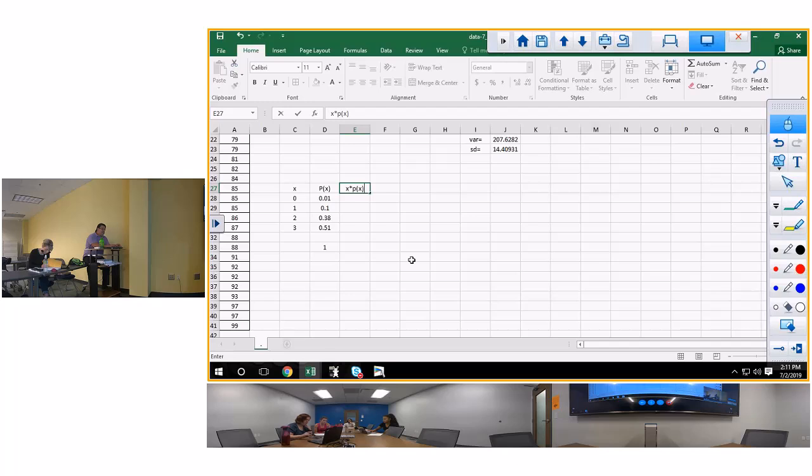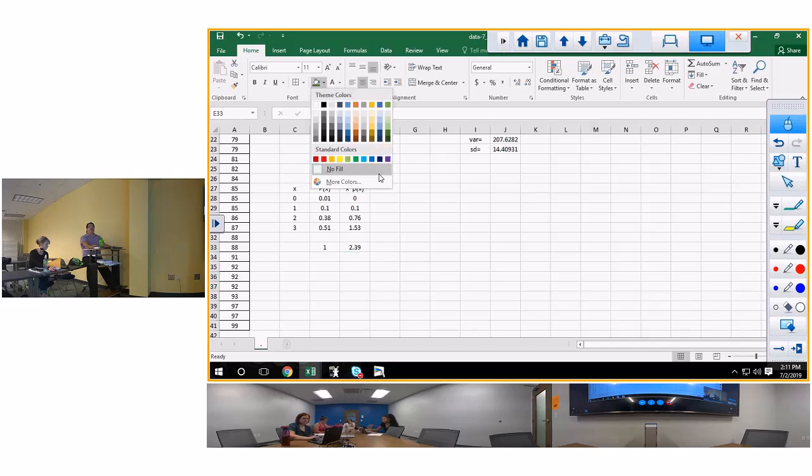P of X. So I'm going to take the first column and multiply by the what? Second column. And copy that down. And then copy this over. There's my mean. So I'm going to color that in a very bright lime color, so that will tell you that that's the mean. And you feel good about yourself.